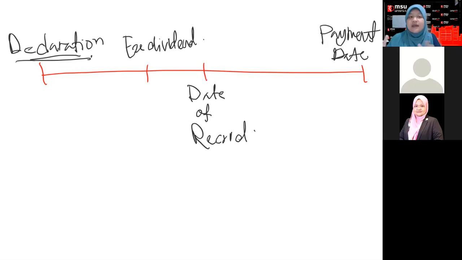This is the signaling hypothesis. The signaling hypothesis tells us that people will make decisions based on what they heard, what they know, and the news that they receive. So it gives a signal on whether they want to buy or sell your shares.